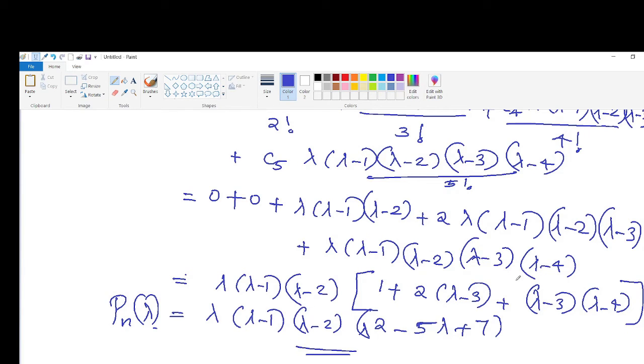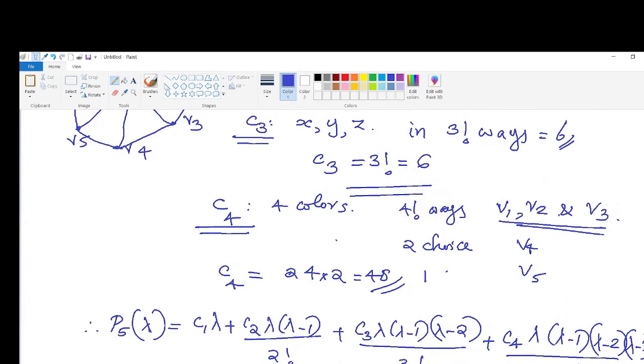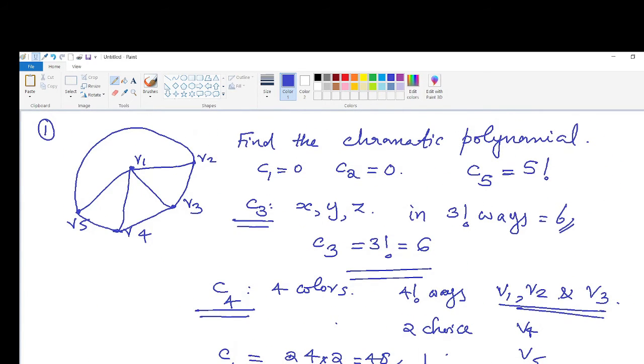Okay, and this is the way of finding the chromatic polynomial Pn of lambda, and it gives the number of ways of properly coloring the graph.